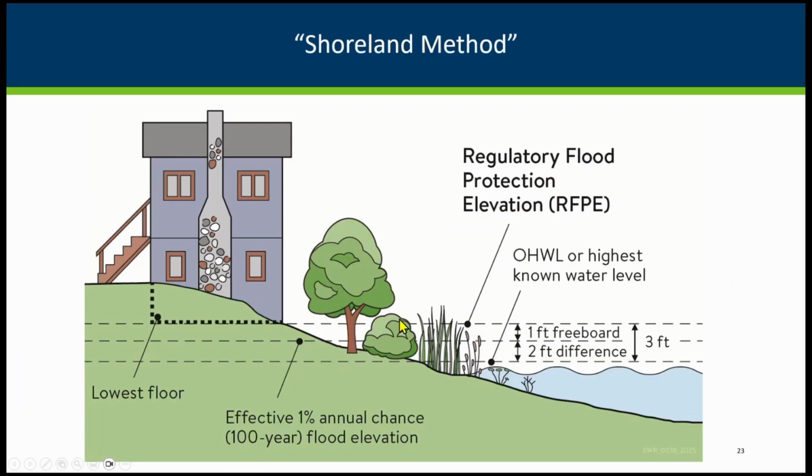So here's another drawing that shows that same concept, that you'd be 3 feet above the ordinary high or highest known water level for that lowest floor, or you take a foot of freeboard and add it to the base flood elevation to get that lowest floor. So our estimated BFE is 2 feet above ordinary high or highest known.